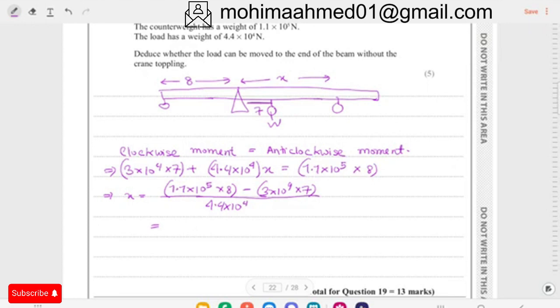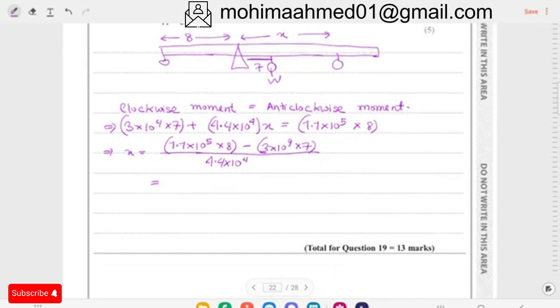I made a mistake, it is 1.51 into 10 to the power 5 multiplied with 8, then subtract 3 into 10 to the power 4 multiplied with 7, over 4.4 multiplied with 10 to the power 4. Okay, so you get the distance to be 15.227.